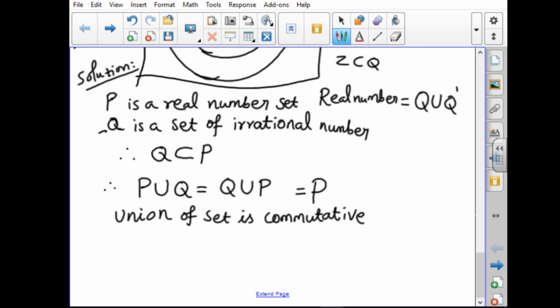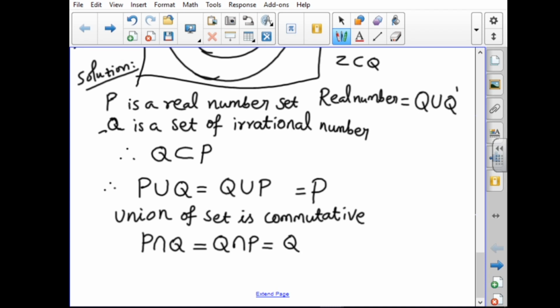Okay. Next we should find the intersection. Already I told you, if we find the intersection for P intersection Q and Q intersection P, we know that Q is a subset of P. So if you are finding the intersection, we will get the smallest set. That means Q we will get. So that is equal to Q, the irrational number set.